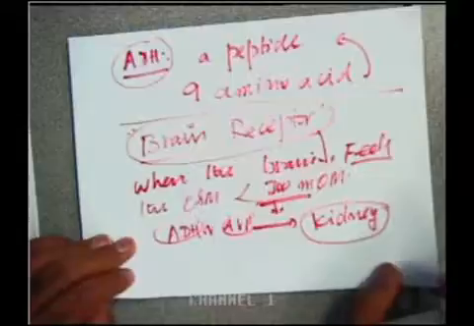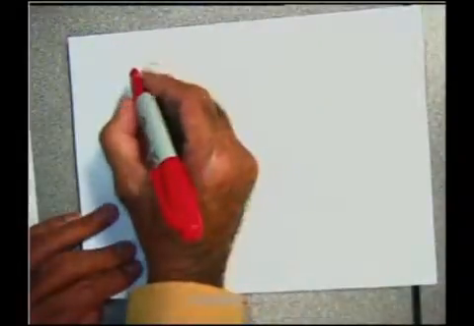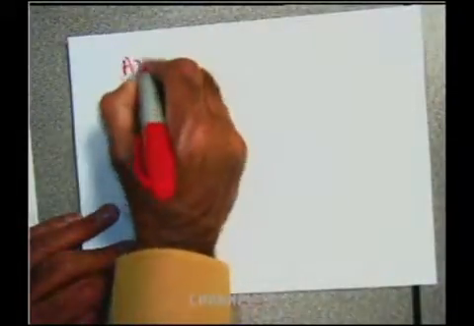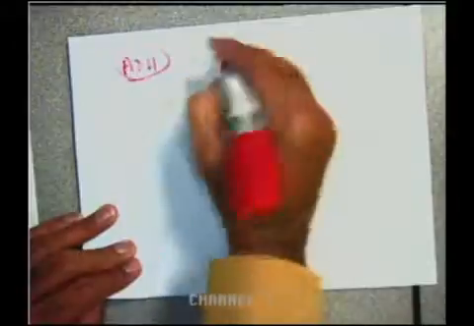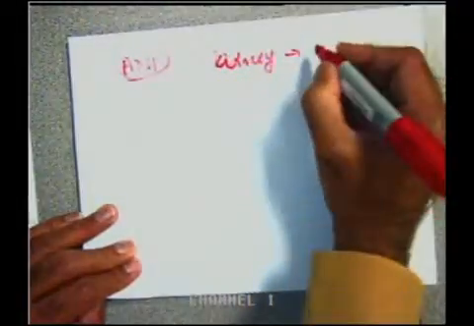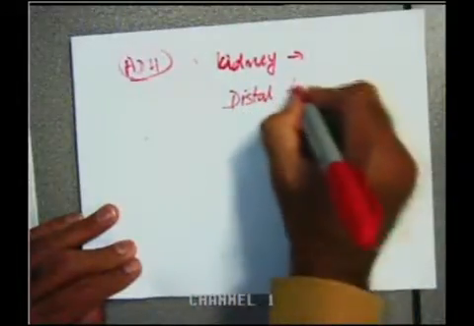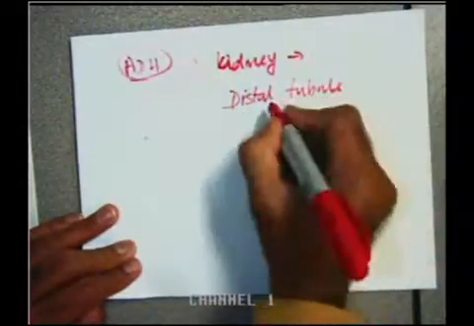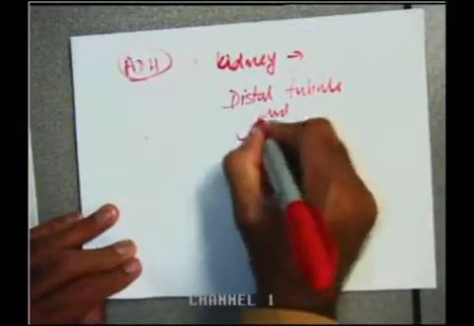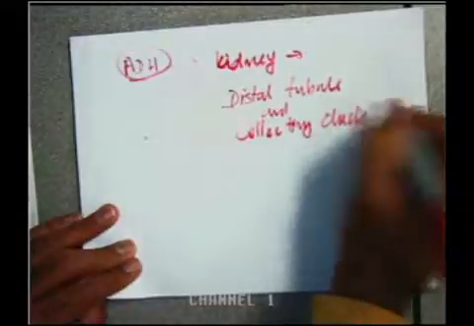In the kidney, you should remember when we discussed the distal tubules. So the ADH now enters the kidney. In the kidney, you know about the collecting tubes and distal tubules, right? In the distal tubule and collecting tube, collecting ducts, I put it over there.